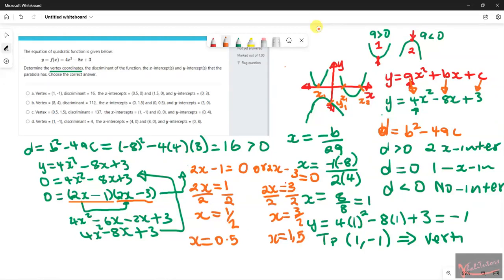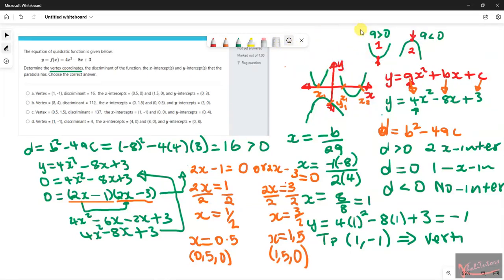In terms of coordinates, your x will be 0.5 and y is 0, and here your x is 1.5 and y is 0. So what else is missing? The only thing left to do now is the y-intercept. We still have to determine the y-intercept.